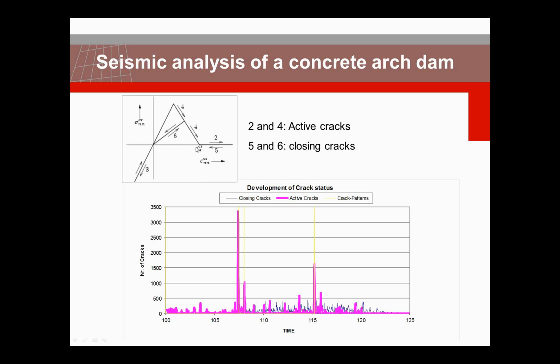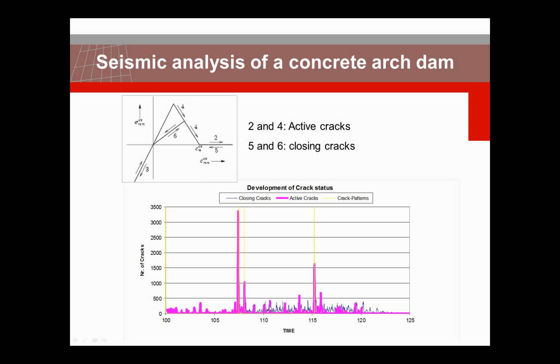So when we look now as a function of time, we start the earthquake at 100 seconds, so that's at this location. The number of cracks and status of the cracks in the model, we see here with the pink line that there are some peaks in which, for a very short time, the number of cracks increases very strongly and then immediately reduces to a low level.